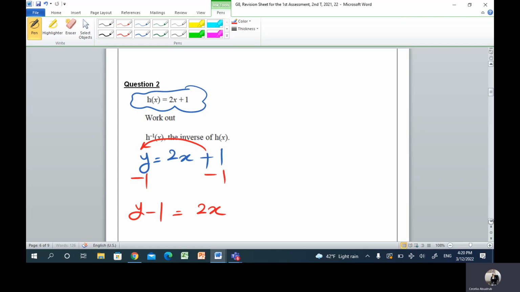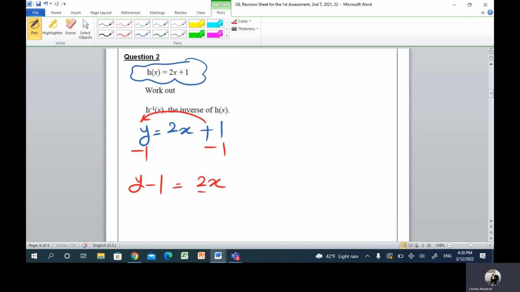And then you need to get rid of that 2. So divide each term by 2. Get rid of the coefficient by dividing each term by 2. So it will be here y over 2 minus half is equal to x. In other words, x is equal to y over 2 minus half.